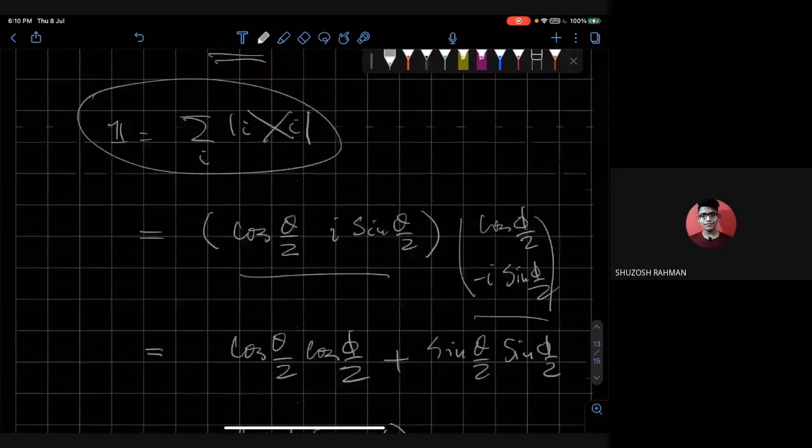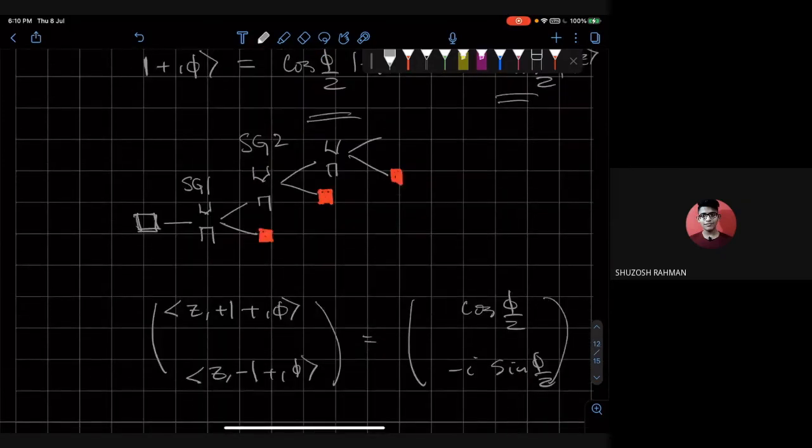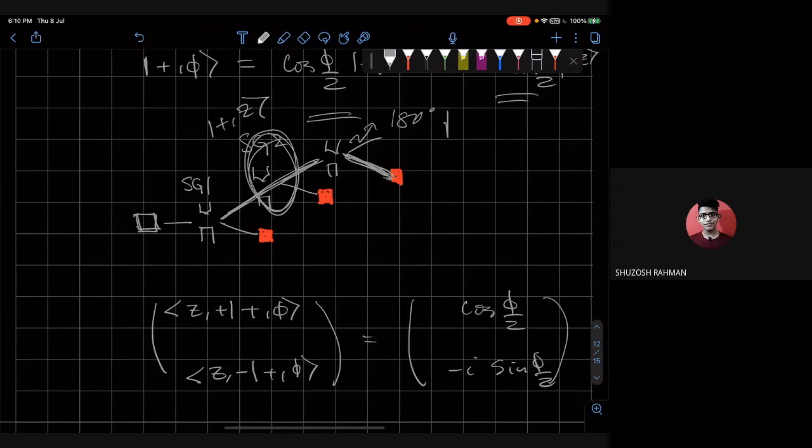If I didn't have this guy, then this whole thing would get blocked if this was at 180 degrees, because this whole thing would then be spin up in the z basis, and at 180 degrees it would just collect the spin down, and since there is no spin down here, nothing will come up in the upper beam.